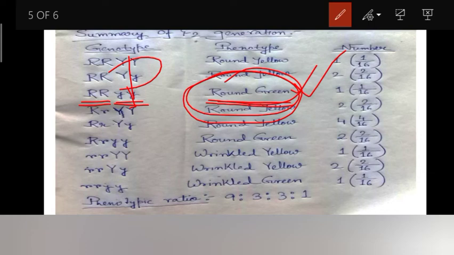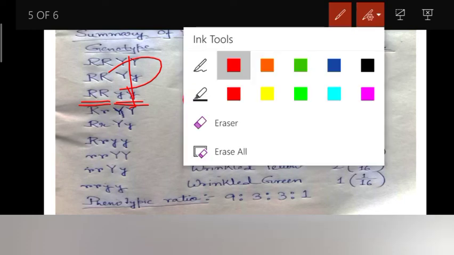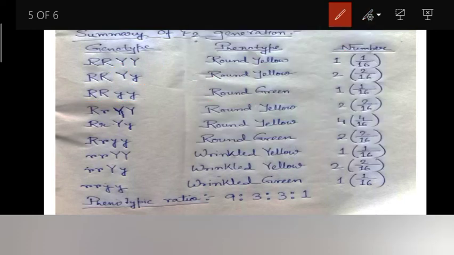This is the new characteristic from the previous generation, and it gives 1 out of 16. Similarly, capital R, small r, it gives round, because we know that round is dominant over wrinkled, and capital Y gives yellow.